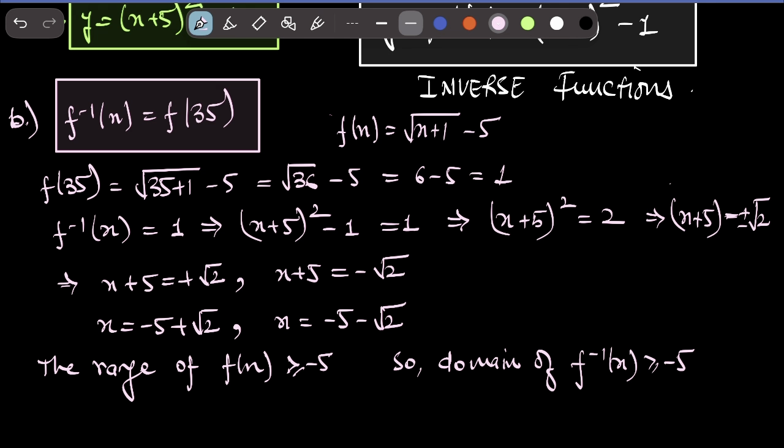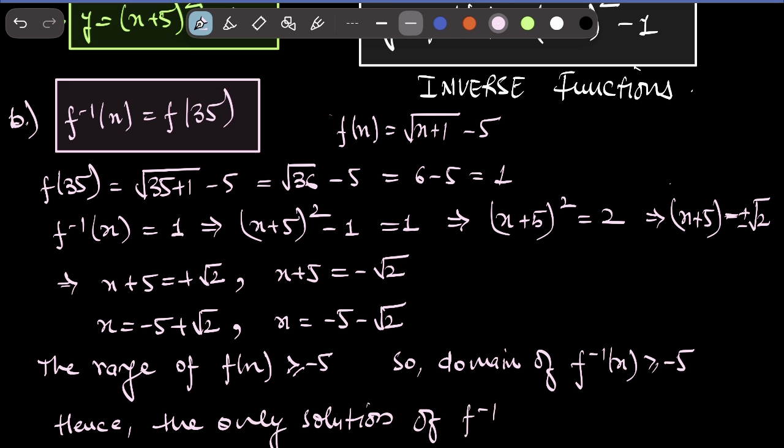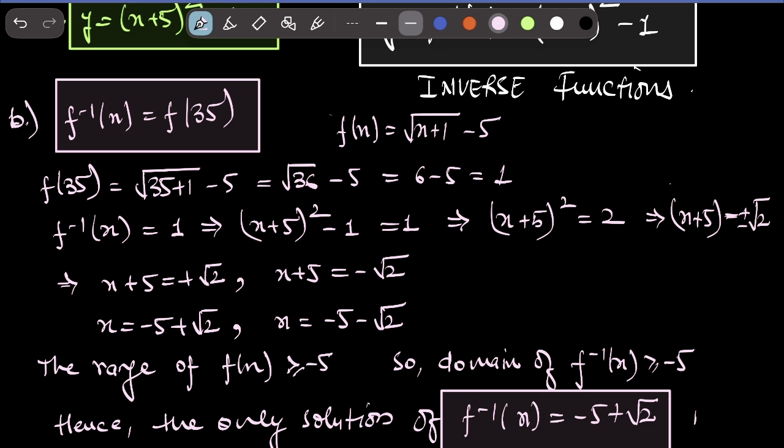So the only solution, hence the only solution of f inverse x is actually equals to minus 5 plus root 2, right? So this is the final answer for the given question.